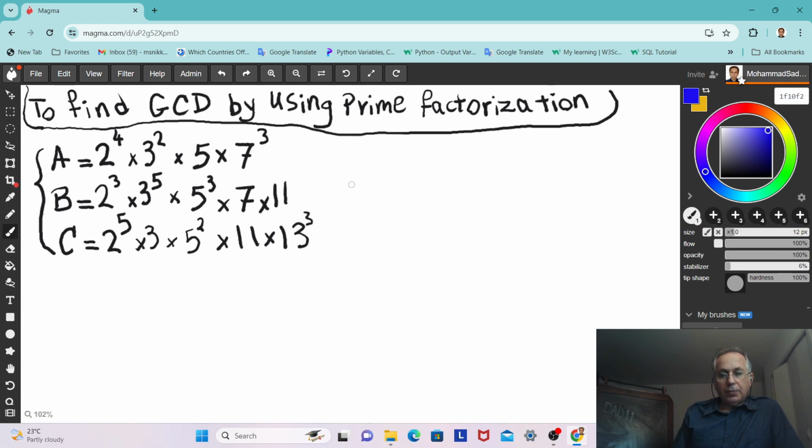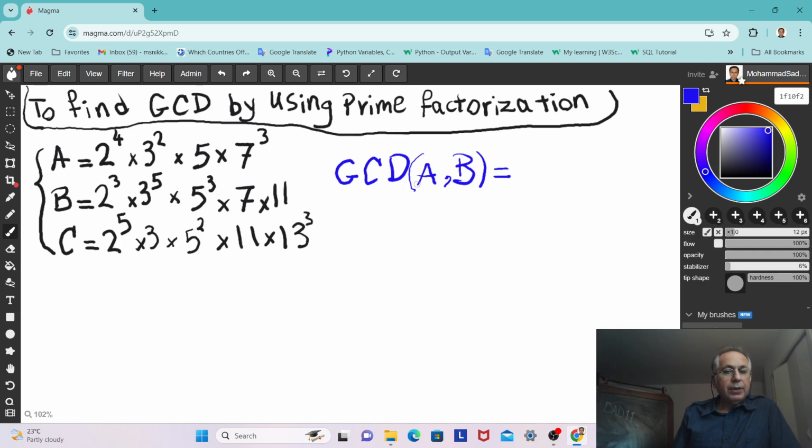Second step. What is the question? Imagine we are going to find the greatest common divisor for A and B. GCD for A and B. As I said, we have 4 steps.